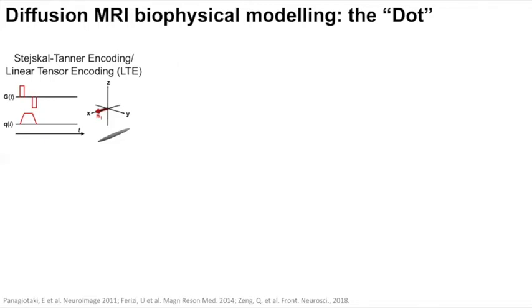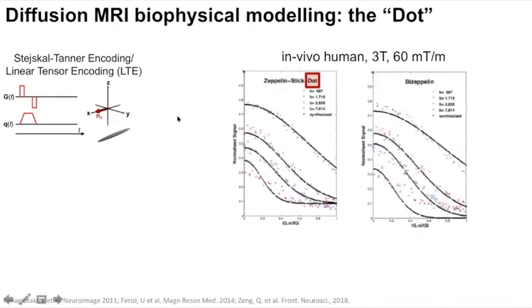To go back into the literature with conventional diffusion encoding, where you give pulsed gradients, which we sometimes call linear tensor encoding, the conventional experiment, a couple of researchers have tried to look at the detection of this dot compartment. Here is one in vivo work with 60 millitesla per meter gradients that investigated the inclusion of such a dot compartment.